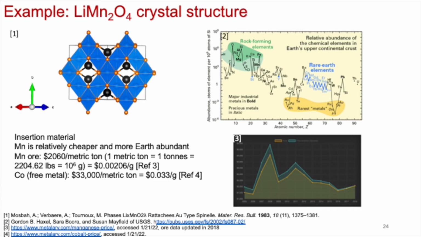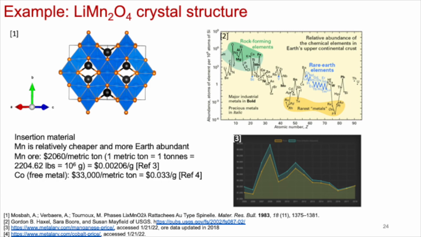So that's good. In terms of cost, I looked this up last week and you could see the huge price differential, right? It's a little bit more obvious when you just look at the metric ton. Okay, 2,000 per metric ton for manganese versus 33,000 per metric ton.